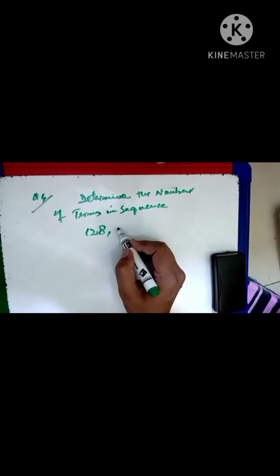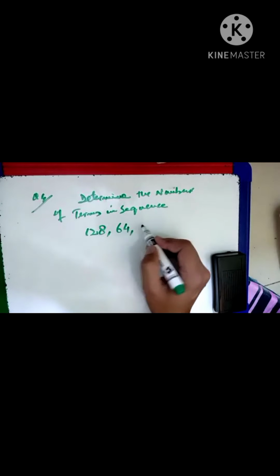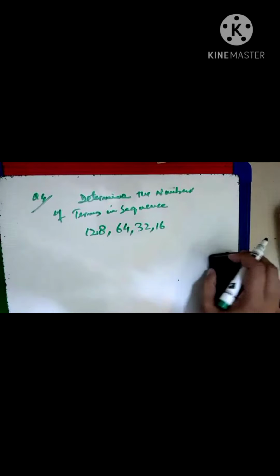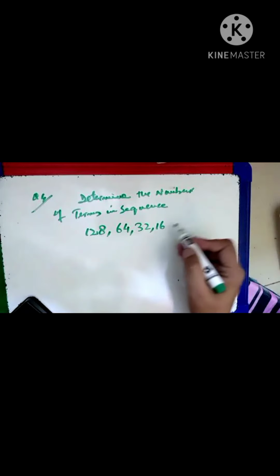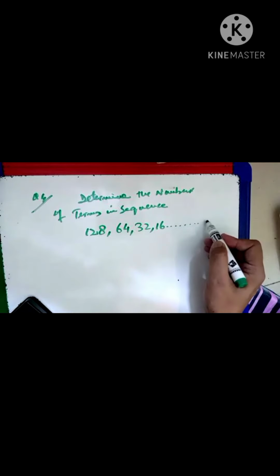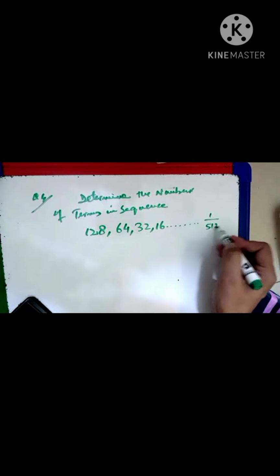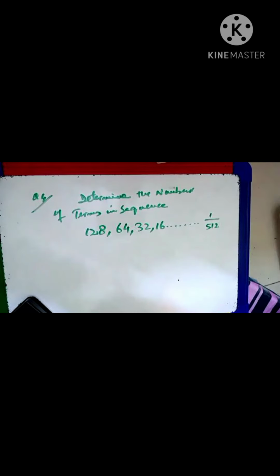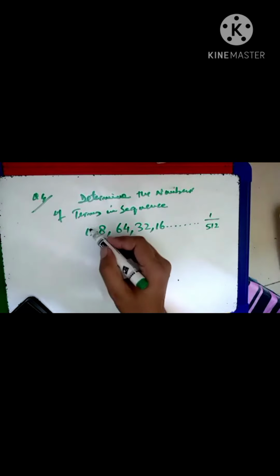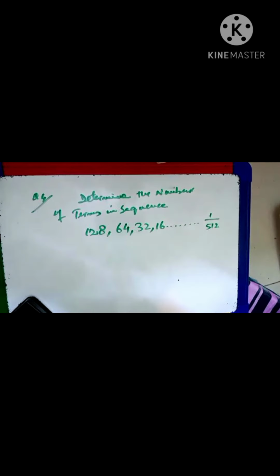128, 64, 32, 16, and then it continues, and the last term is 1 over 512. Of course, this is a decreasing geometric sequence.